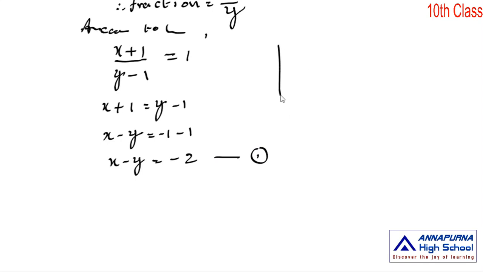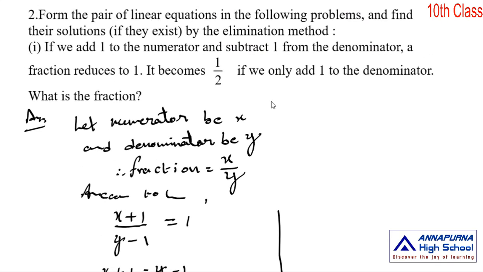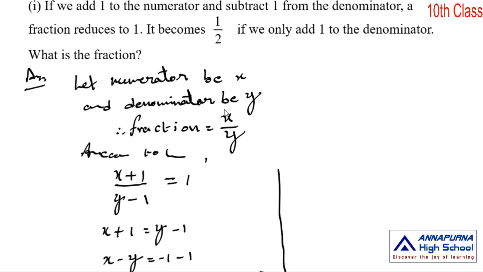And let's see the second condition in that situation. Here what is the second condition? It means the fraction becomes 1 by 2 if we only add 1 to the denominator. Here the denominator is y. If you add 1 to this denominator, the fraction becomes 1 by 2. So here we do not disturb the numerator, it stays as it is.